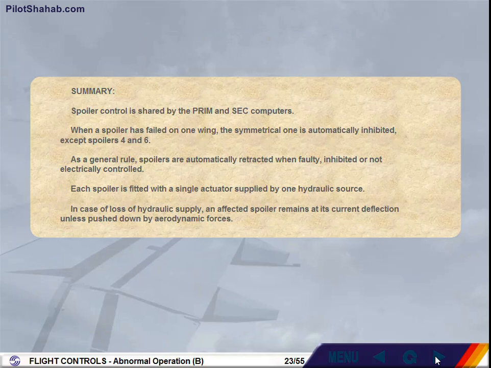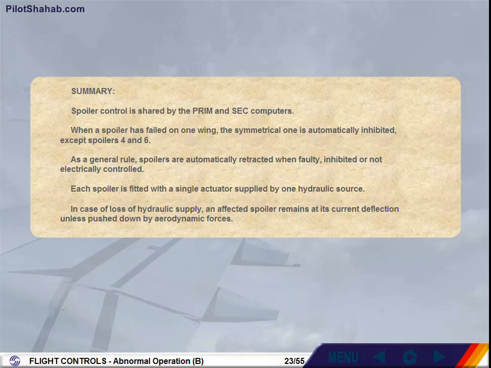Summary. Spoiler control is shared by the prim and sec computers. When a spoiler has failed on one wing, the symmetrical one is automatically inhibited, except spoilers 4 and 6. As a general rule, spoilers are automatically retracted when faulty, inhibited, or not electrically controlled.